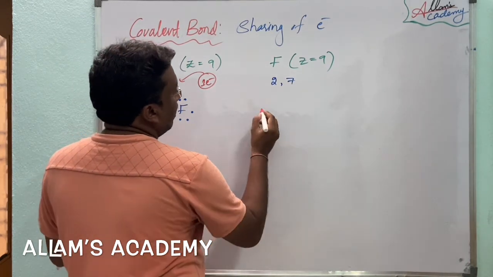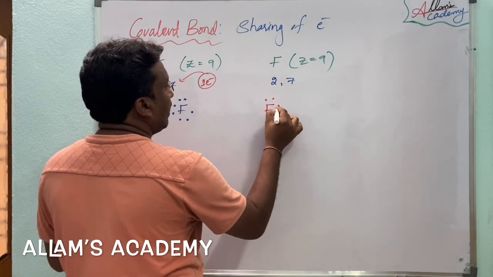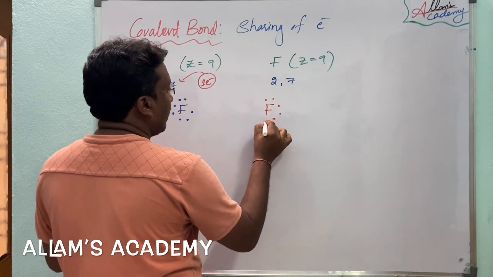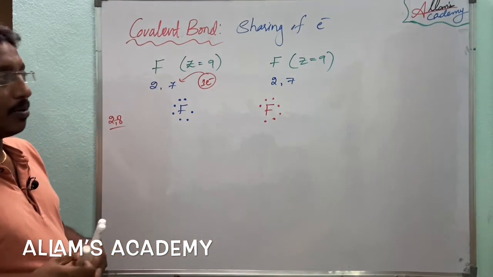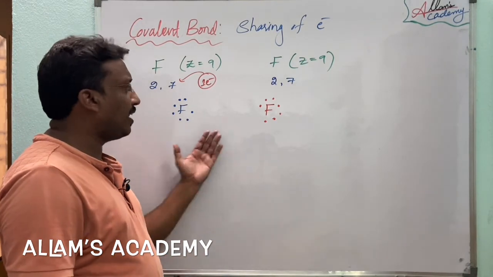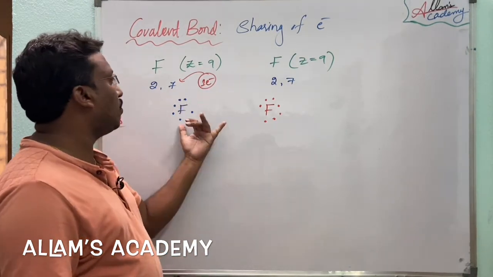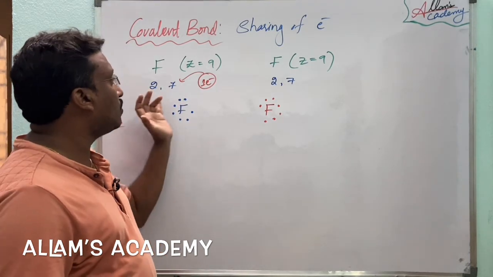1, 2, 3, 4, 5, 6, 7. Both the fluorines are twins. Fluorine and fluorine both have the same electronic configuration 2, 7.